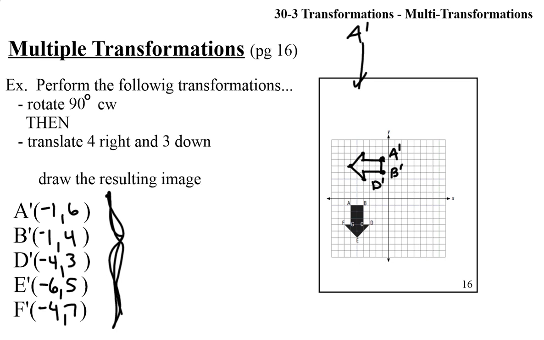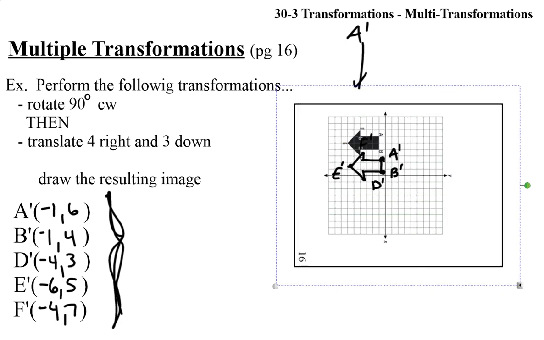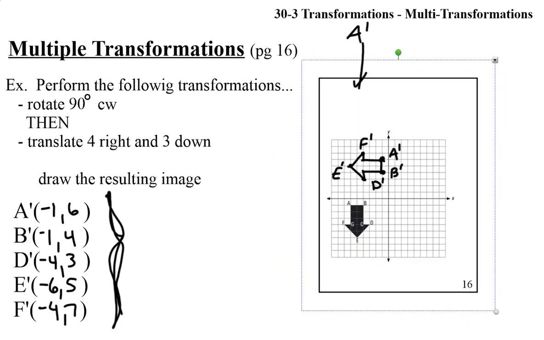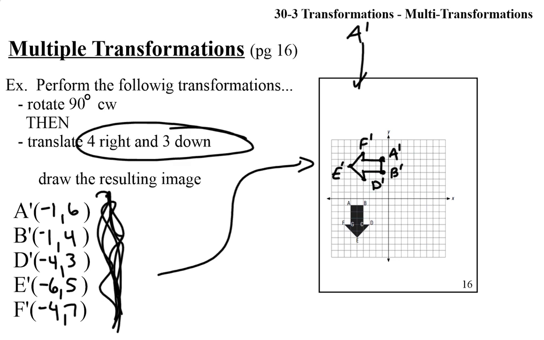There's my A, B, D, E prime, and F prime. So I can start by rotating it, getting the coordinates and jotting them down. I have to jot those coordinates down so I can then transfer them onto the actual object. Then I can translate 4 right and 3 down. Everything's going to go 4 right and 3 down.